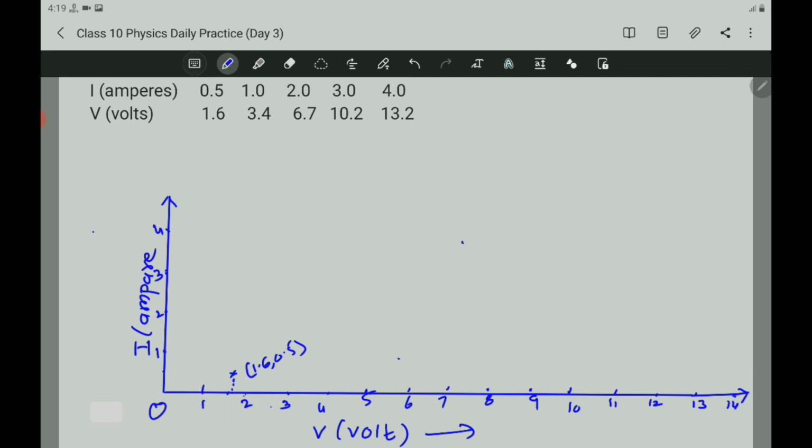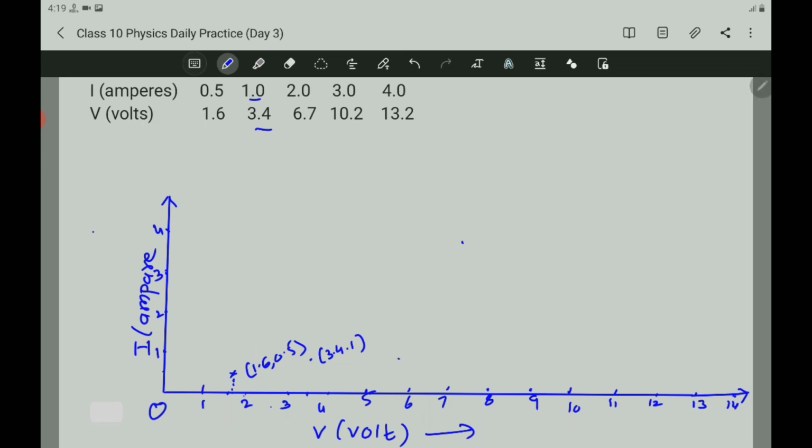Next 3.4, 1.0. 3.4 is a little less than 3.5, the middle of 3 and 4. So you take here, 3.4, 1.